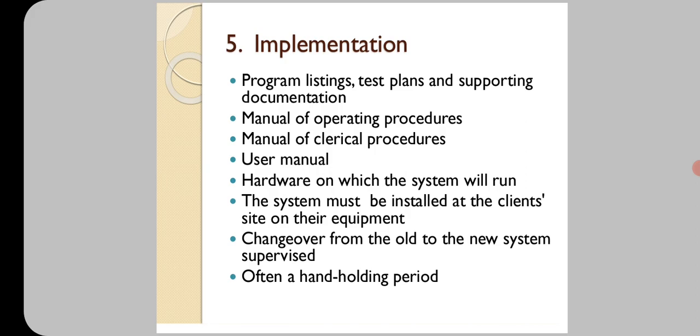Supporting documentation means the system documentation, documentation prepared for the users, and the manual of operating procedures. That is the preparation of manuals and guides regarding operating procedures, meaning the working of the system, and the manual of clerical procedures. Clerical procedures means the different manuals to be implemented at clerical level.